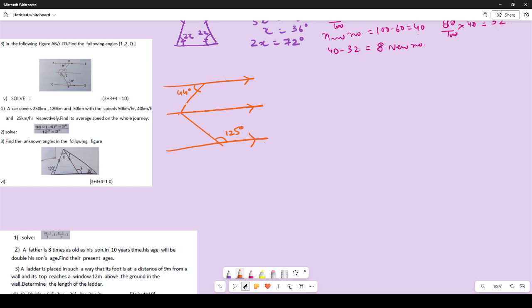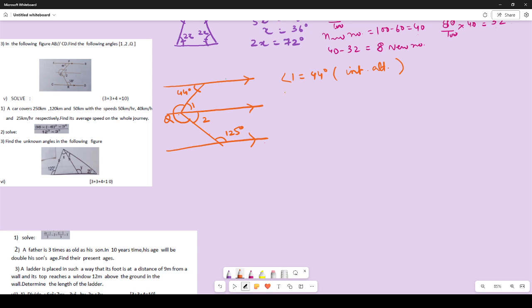Now you had to find angle 1, angle 2 and angle Q, right? Now let us look at this. If you look at angle 1 and 44, angle 1 is equal to 44 degrees. Why? Because it is an interior alternate angle, right? It is interior alternate with 44.